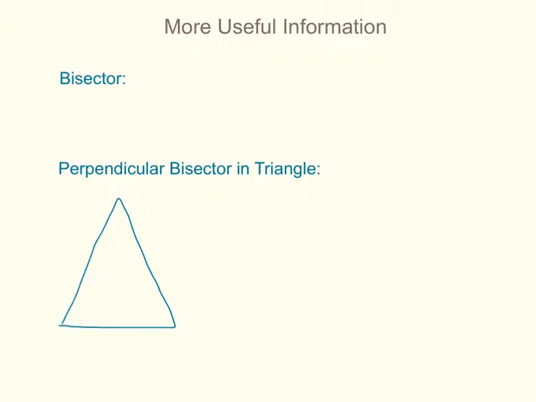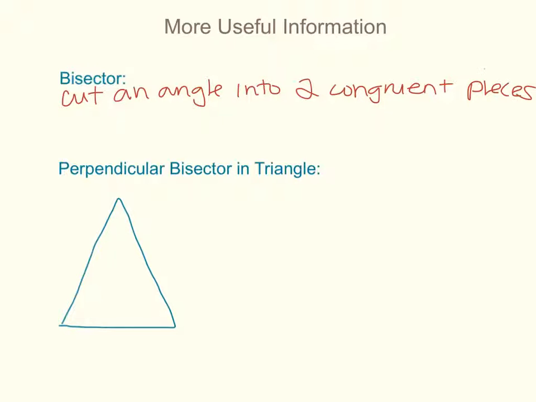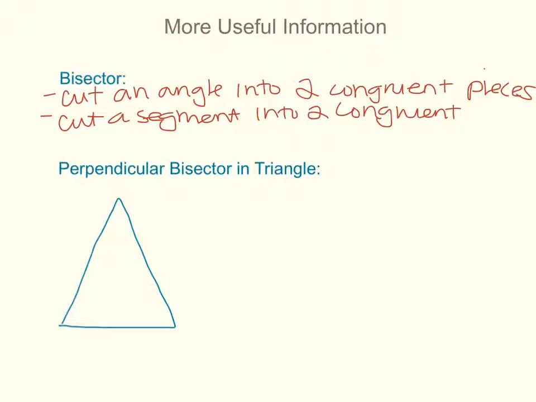All right, so last slide, some more useful information for you. A bisector is something that cuts something in half. So it can cut an angle into two congruent pieces. It can also cut a segment into two congruent pieces.